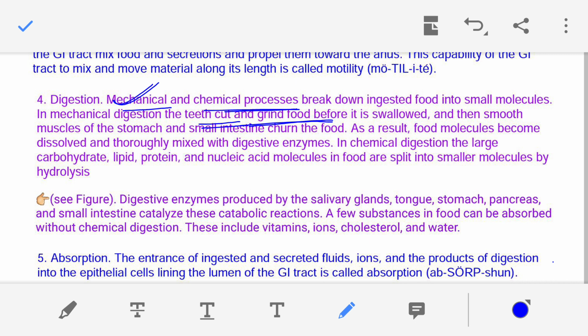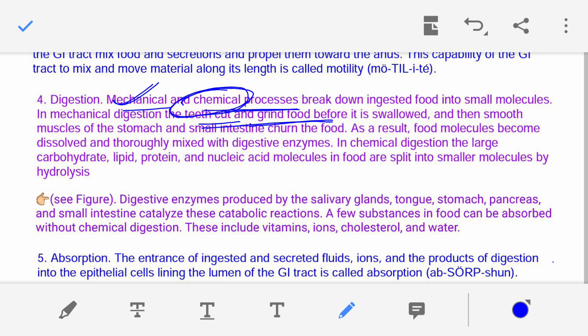Then the bolus is made, the saliva mixes with the food, and the tongue helps in the formation of the bolus, and that bolus we swallow.